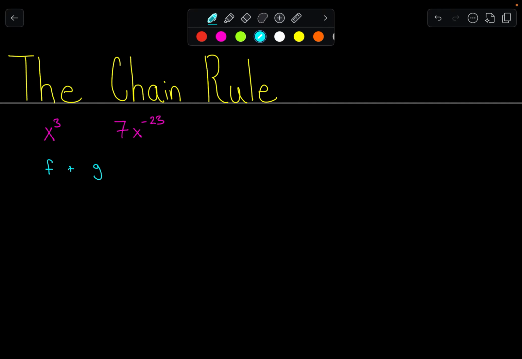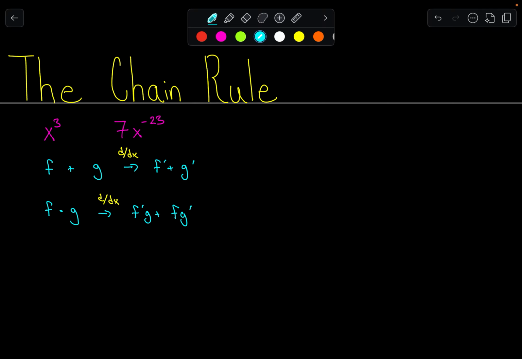It's just the derivative of the first added to the derivative of the second. So maybe up here I'll write this as f prime plus g prime. We also know how to take the derivative of the product of two functions via the product rule, and we're going to get f prime g plus f g prime.